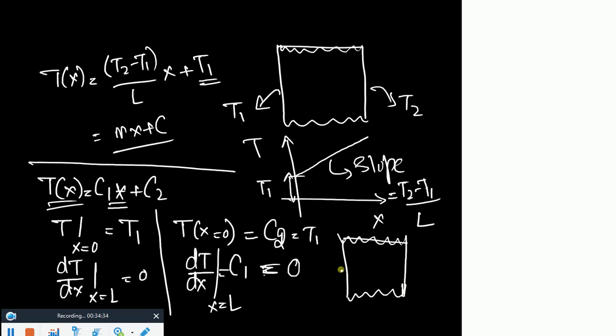Now tell me, what is the physical meaning of this mathematical scenario? You have T1, you have an insulation over there, and you have only one dimensional heat transfer. Come on, tell me, what would you get out of it? Yes, that would be a constant temperature. Why? Because you are putting an insulation on the other side.